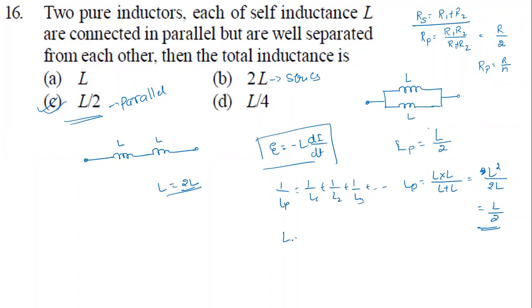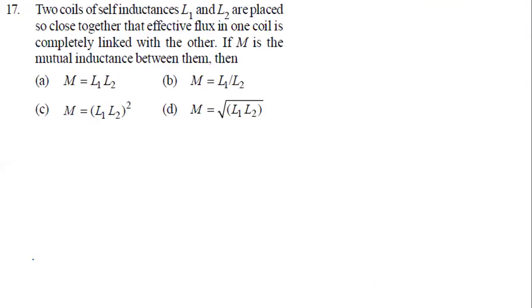If it is series combination, LS equals L1 plus L2 plus L3 and so on, but the derivation is not required. Since we are already well acquainted with resistors, we copy the same thing, but we need to save time now. Is it clear? If the series combination is given, how to do, and if the parallel combination is given, how to do. Okay, look at the next question now.